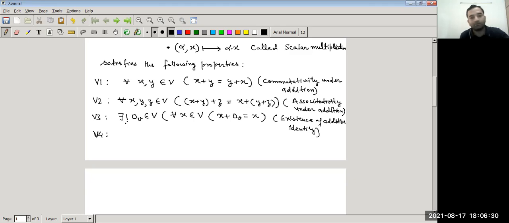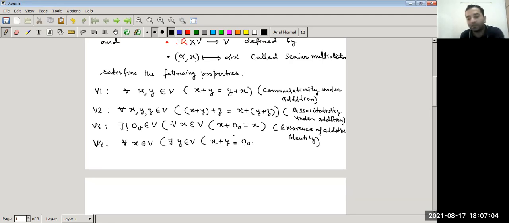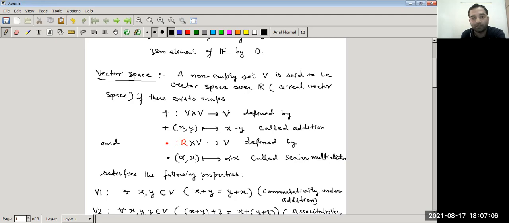What is the fourth property? Existence of additive inverse. So we can write for all x belongs to V, there exists y belongs to V such that x plus y is equal to 0v. 0v is the element of the vector space, right?